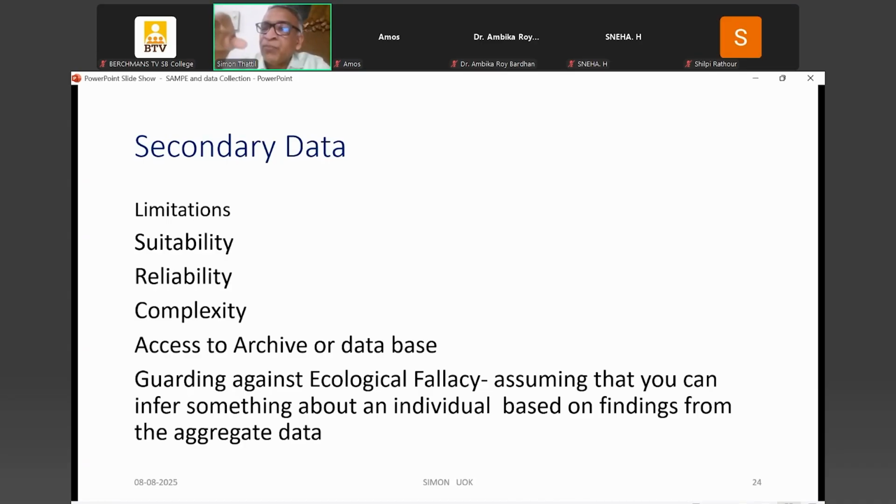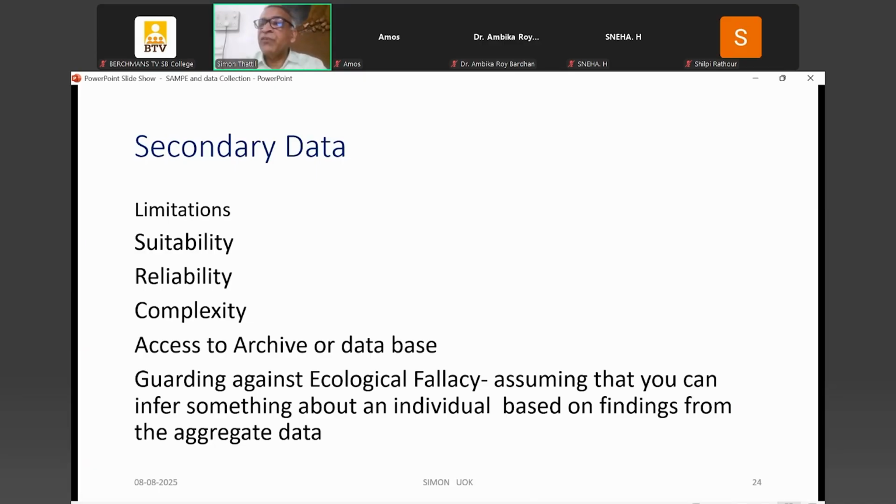Let us say, for example, based on secondary data during a particular period, crimes have been committed by one group, whatever that group, one age group or people in one village or one community. They have committed a lot of crimes according to secondary data. Now, when I'm taking one individual in that group, my presumption is that this individual is also a person who has committed a crime. This is what we call ecological fallacy.